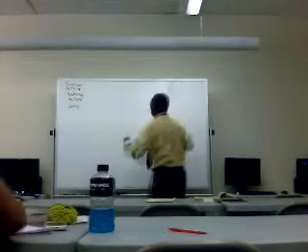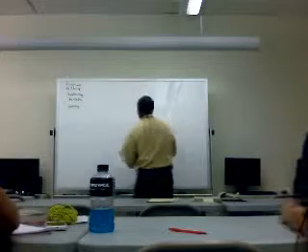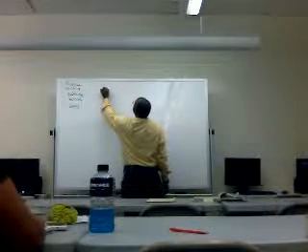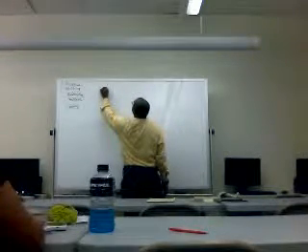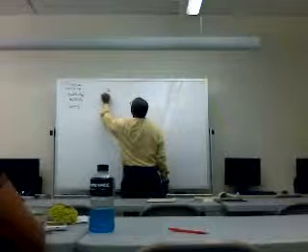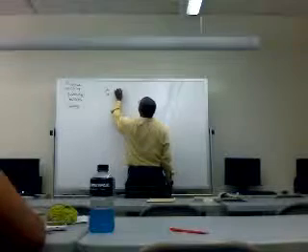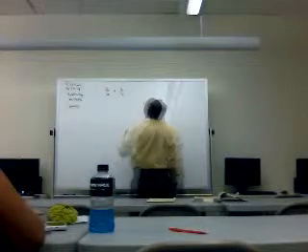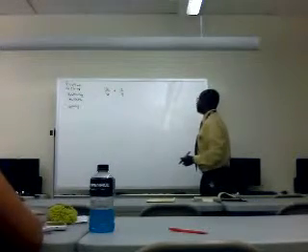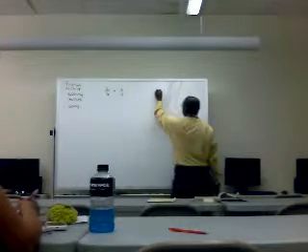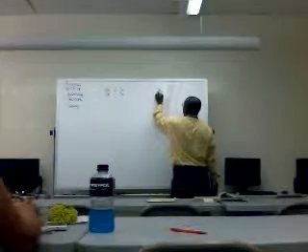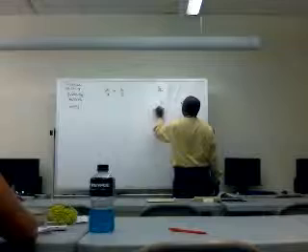All right, so let's look at, let's do 5/6 plus 3/4. Okay, so again, we have to get a common denominator. So we do 5 over 6, 3 over 4.